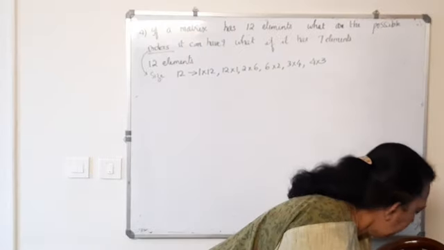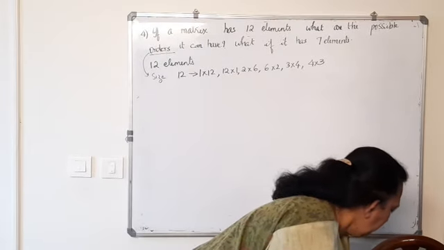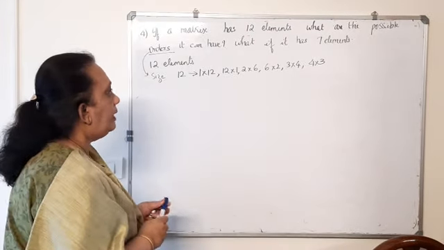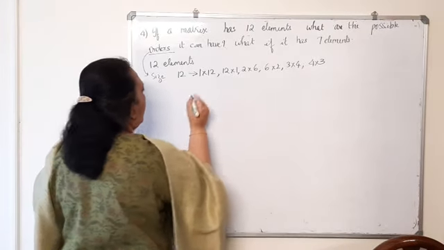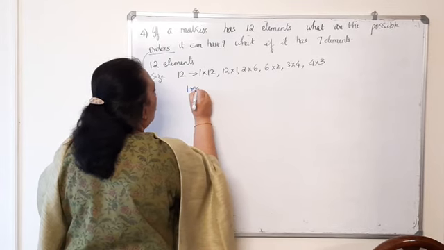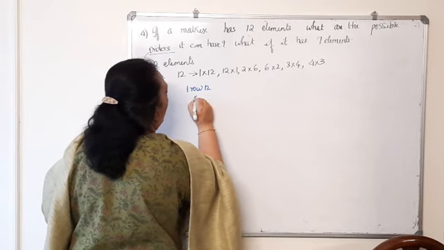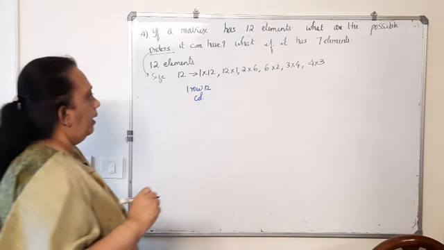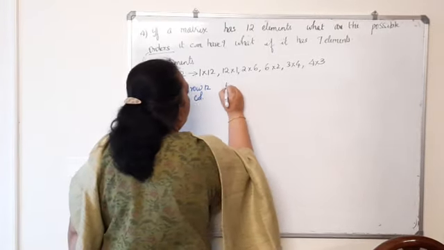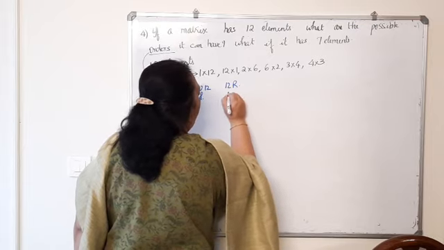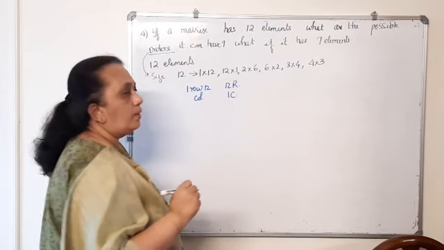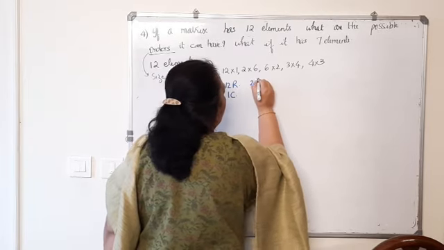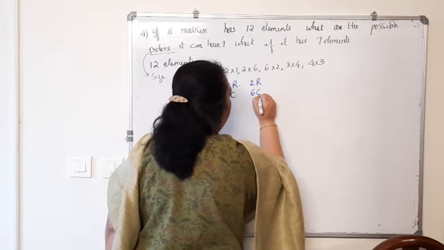Now, when you say 1 by 12, it means that it has 1 row and 12 columns. Here it has 12 rows and 1 column. Next one, it will have 2 rows, 6 columns.